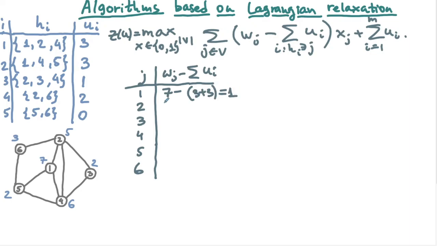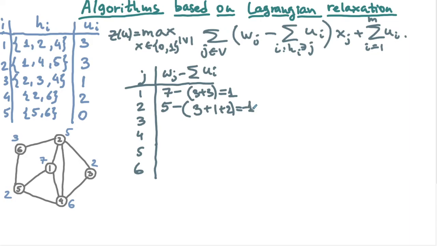So we have 1. Now for the second vertex, we have the weight of this vertex given by 5, and then minus the summation of ui's contained in the vertex 2. So it's gonna be 3 from the first hyperedge, then 1 from the second hyperedge, and 2 from the fourth hyperedge.